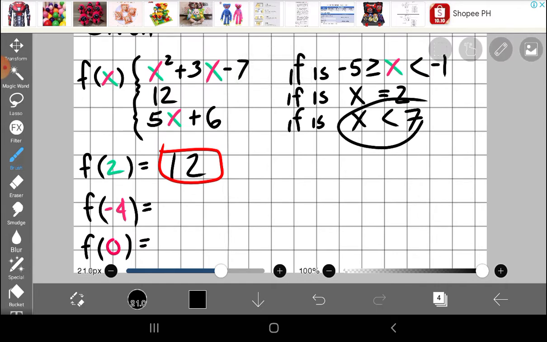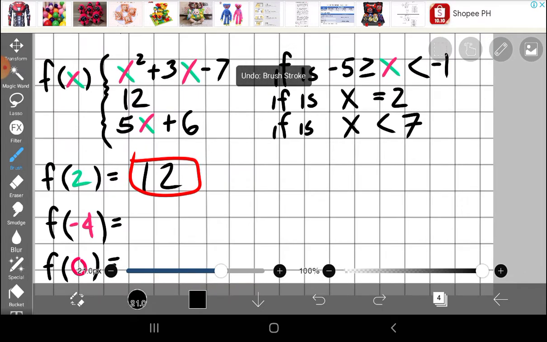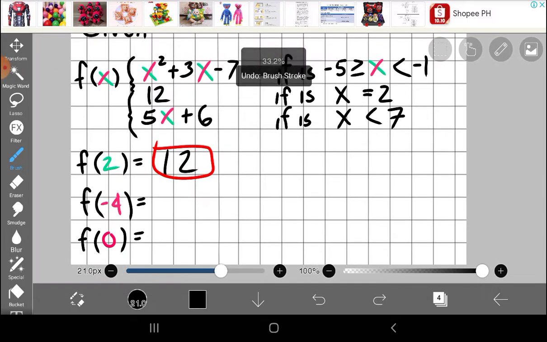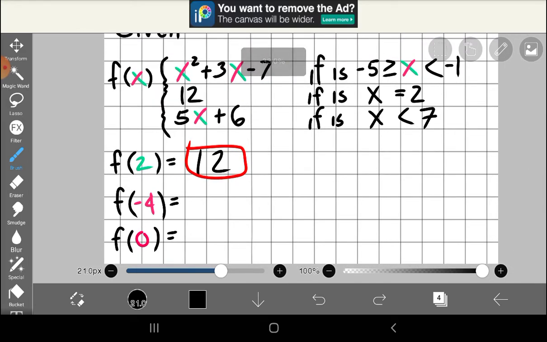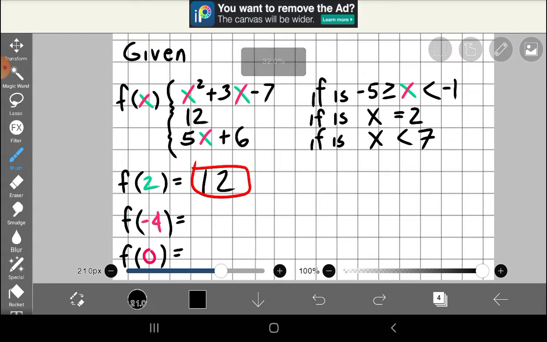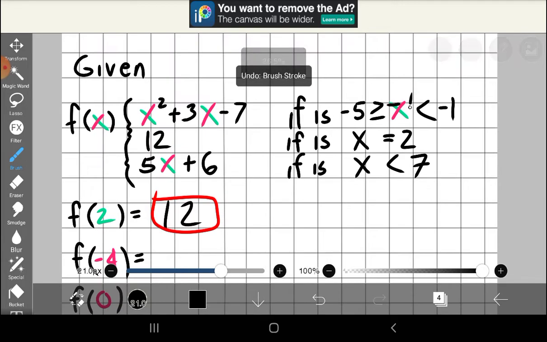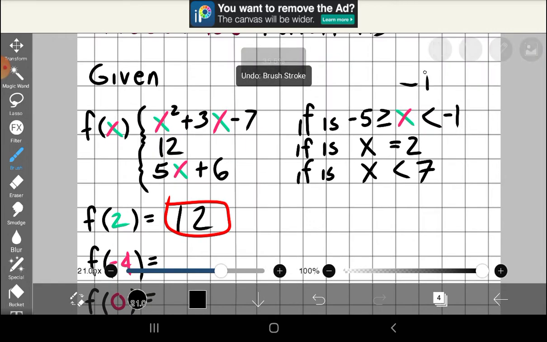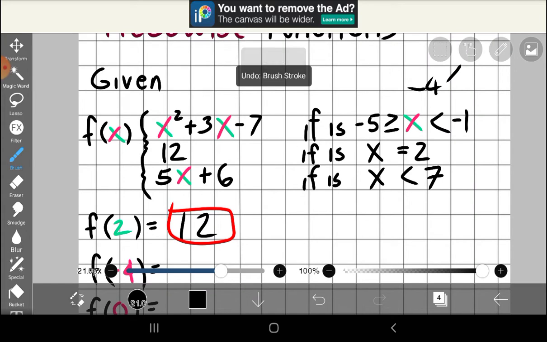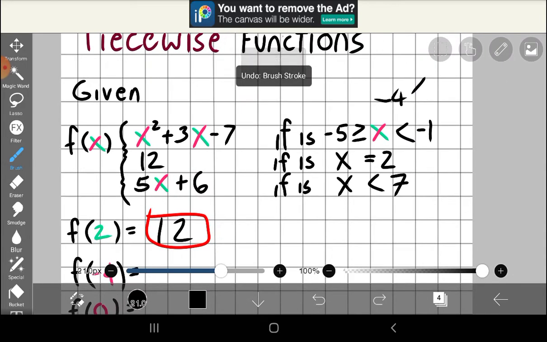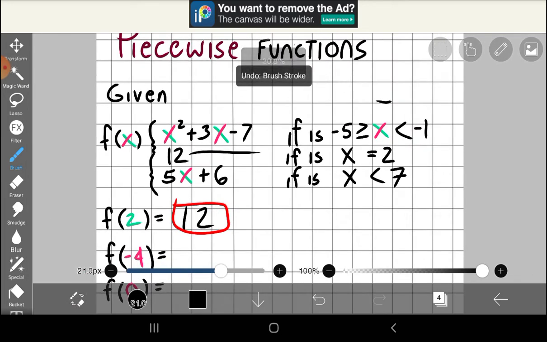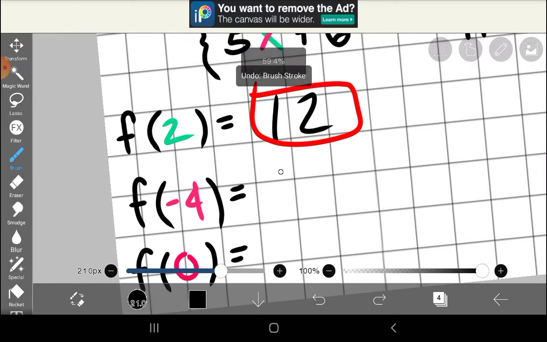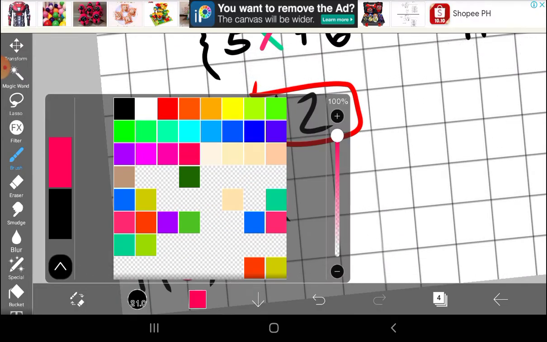So sa 4 naman, negative 4. Sabi kasi dito, dapat yung x mas mababa kaysa sa dito sa 7. So mas mababa naman si 4. Dito rin, no? Si negative 4 is mas mataas kaysa dito. Mas mataas si negative 4 kaysa kay negative 5. Naka-check yun. Tapos mas mataas si negative 1 kaysa kay negative 4. So try natin itong equation na to. So papalitan natin si x ng negative 4.